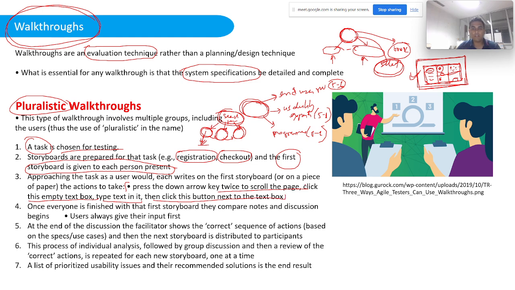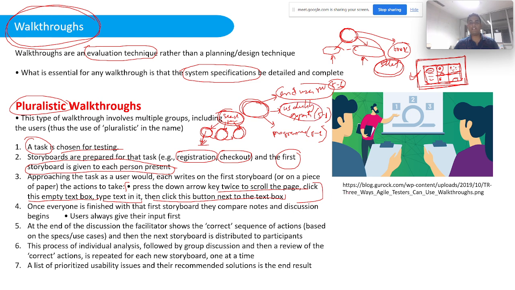So these are some random observations that the user realized after he goes through your design. So similarly, everyone among all these three user groups have their information.